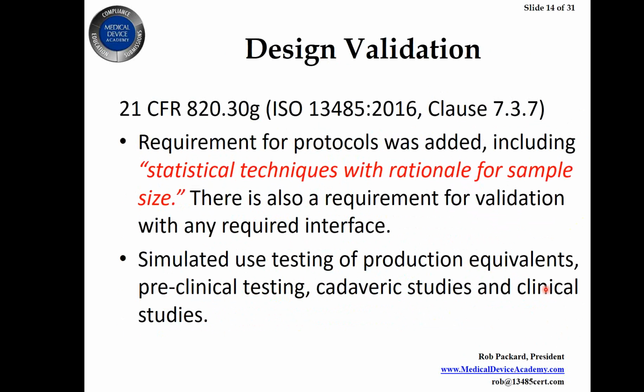I've done that a lot for biocompatibility or for bioburden or for sterilization validation, particularly when you don't want to make all of one size. You want to make a little bit of every size and then randomly sample from that. You want to make sure you're using production equivalents whenever you're doing the verification and validation testing. And you may be doing preclinical testing on animals, cadaveric studies, and clinical studies.